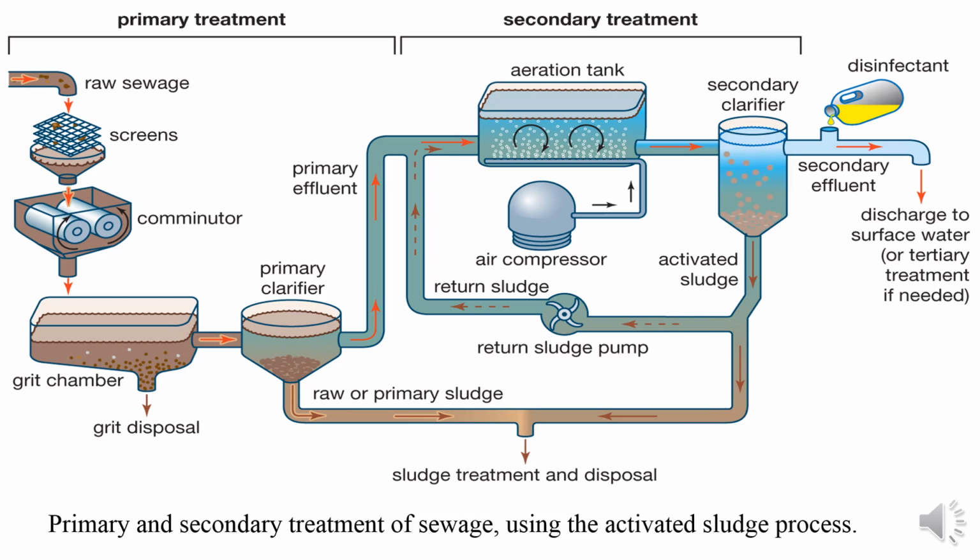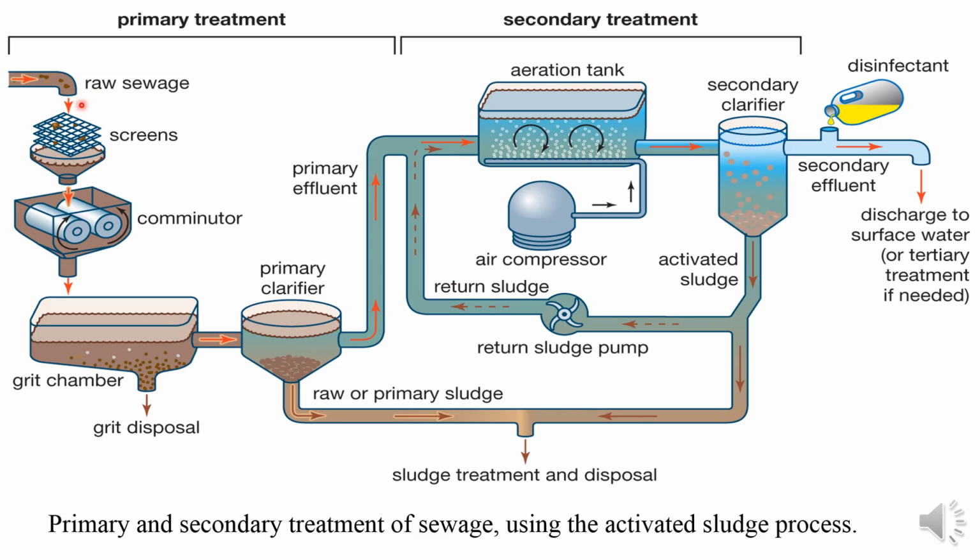Here is the diagram which shows the different steps of primary treatment as well as the secondary treatment. So during the initial stages, when the sewage or the water from different sources comes into the treatment plants, the primary treatment starts with the screens.